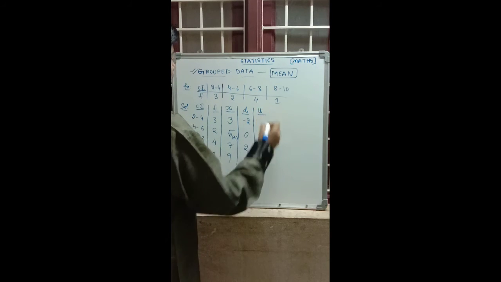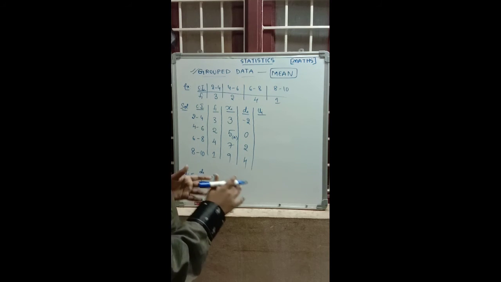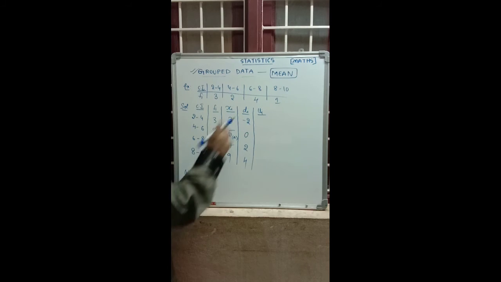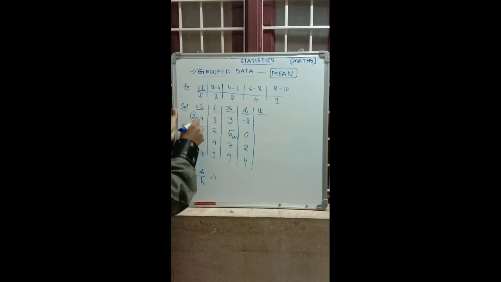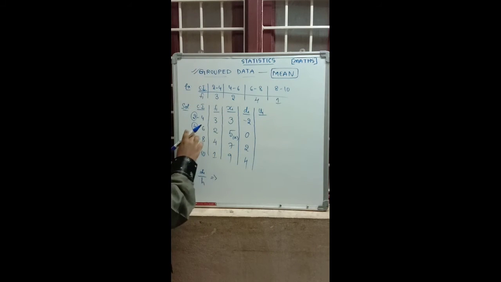Now ui. Ui's formula, in the step deviation formula, is di by h. Di is there. So h: 2 to 4, think of this as the first term and 4 to 6 as the second term. The second term upper limit minus the first term upper limit, that is 4 minus 2, it is 2.